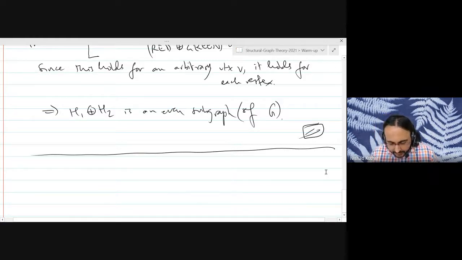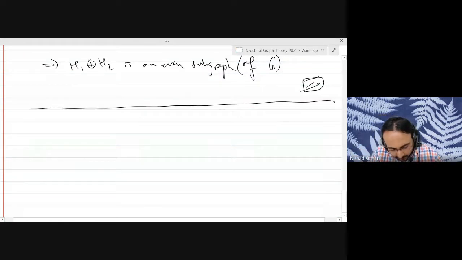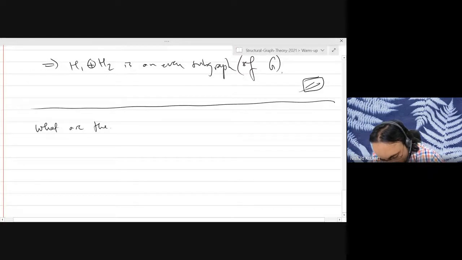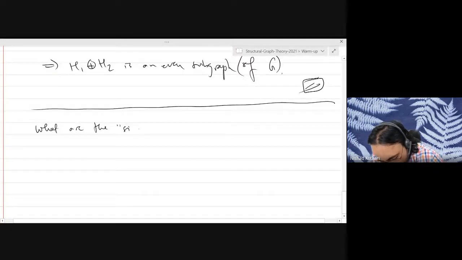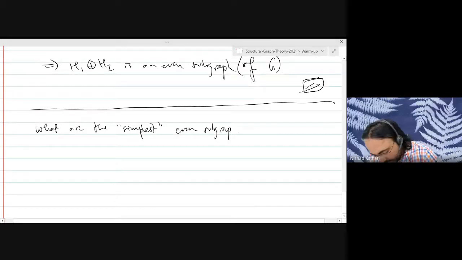So these subgraphs, the even subgraphs, form a subspace of the edge space. Let's give this subspace a name, and that is related to the following. So what are the simplest even subgraphs? Can somebody tell me what are the simplest, quote unquote, even subgraphs? Cycles.